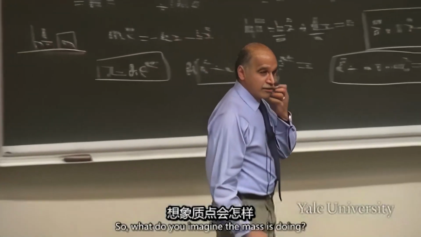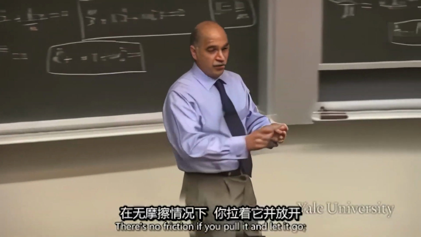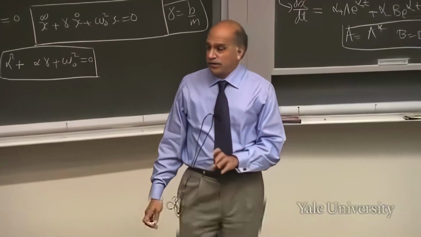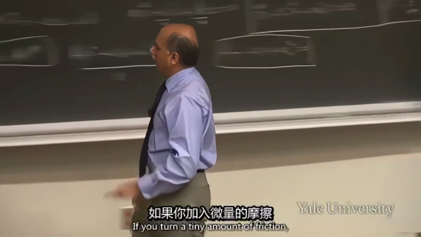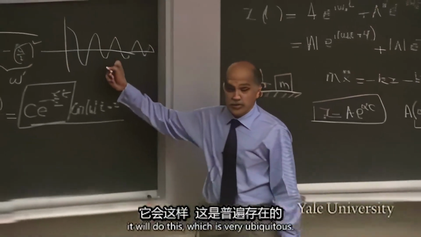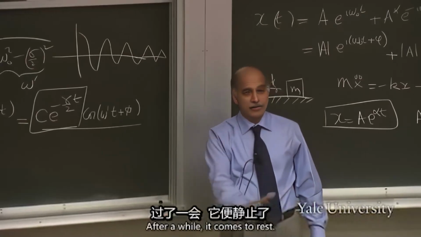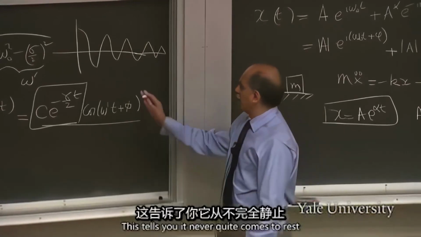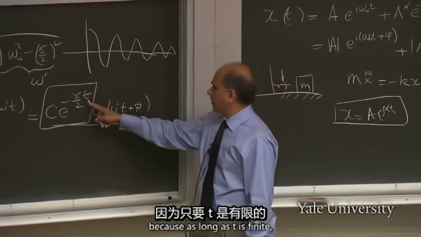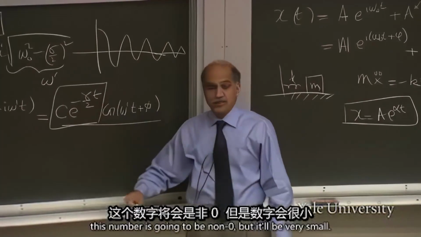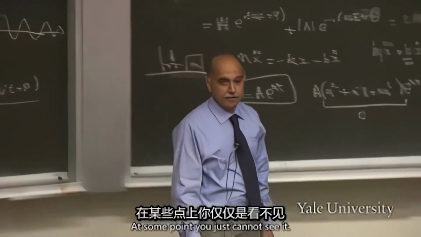So what do you imagine the mass is doing? With no friction, if you pull it, let it go, it vibrates forever. That's not very realistic. If you turn on a tiny amount of friction, it will do this, which is very ubiquitous. We see it all the time. You pull a swing and you let it go. After a while, it comes to rest. This tells you it never quite comes to rest, because as long as t is finite, this number is going to be non-zero, but it will be very small. At some point, you just cannot see it.